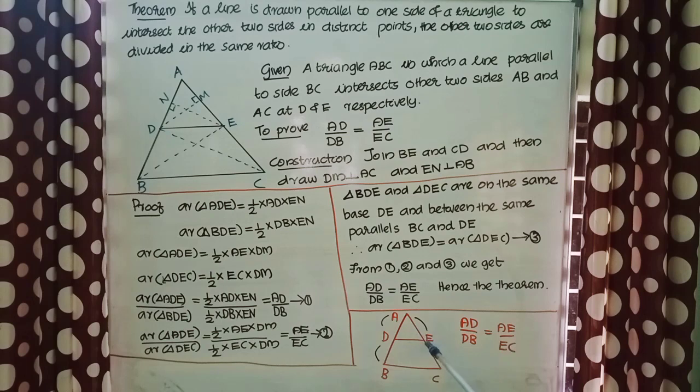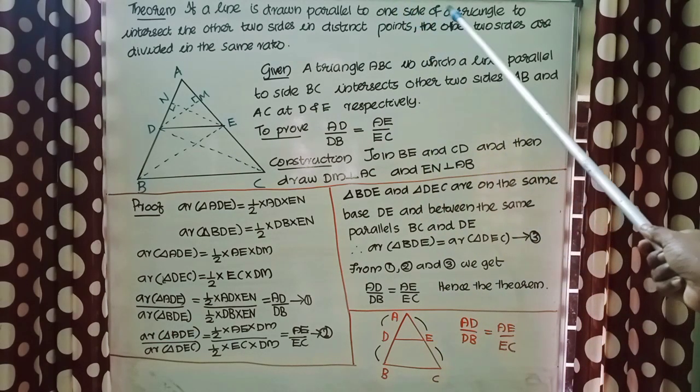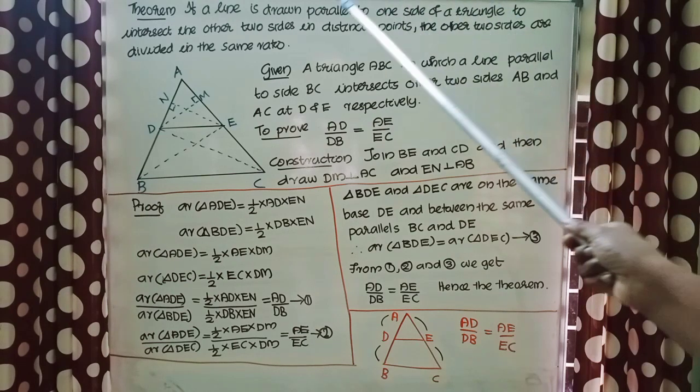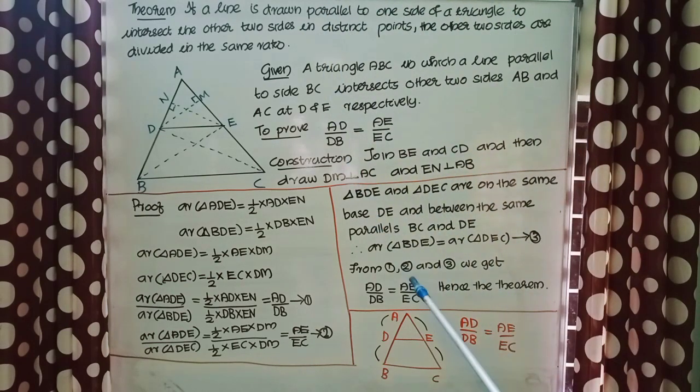This line DE intersects the side AB at the point D and the side AC at the point E. Then we have to prove the other two sides are divided in the same ratio. The other sides are AB and AC. It is divided in the same ratio.